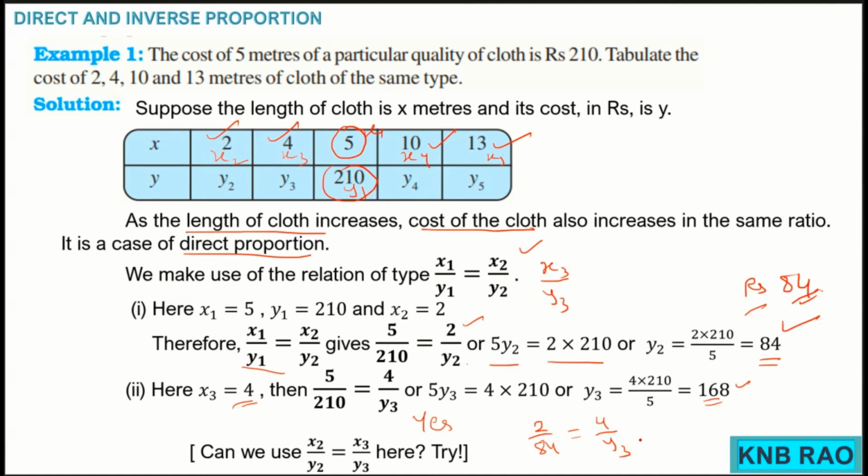So with the same formula I can go ahead. y3 equals 4 into 84 upon 2, on simplification 84 2s are 168, you can get. Children, now you need to calculate the values of y4 and y5 as a part of your homework.